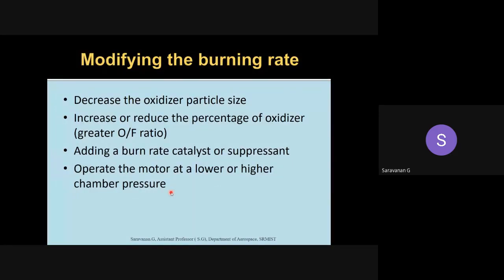We can add a suppressant to control the combustion so that we can achieve the required combustion process and enhance or modify the burn rate of the solid propellant rocket system.